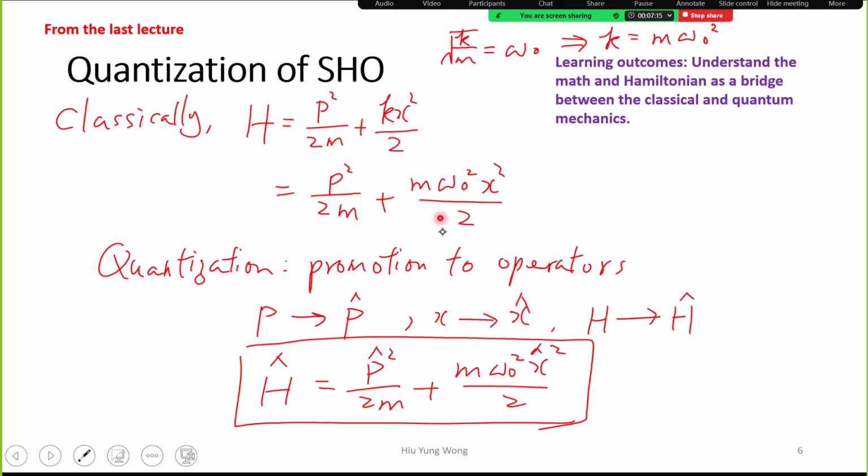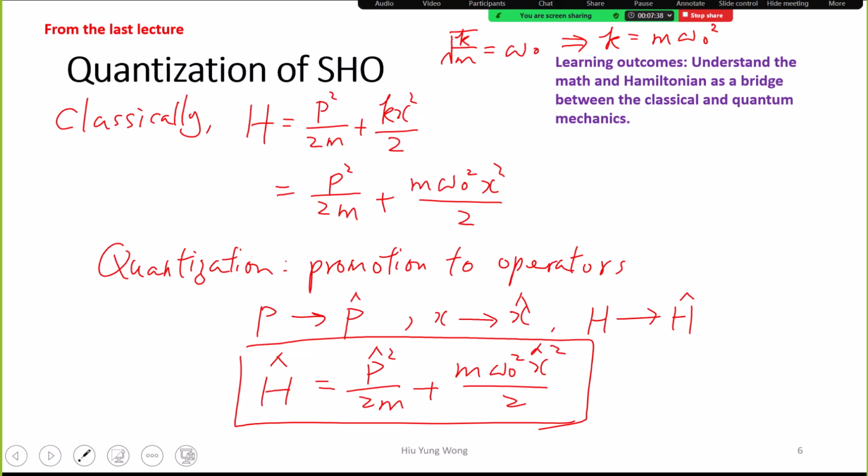For example, a simple harmonic oscillator has this Hamiltonian: p squared divided by 2m plus kx squared divided by 2. p and x are the two variables, and we just promote them to operators.